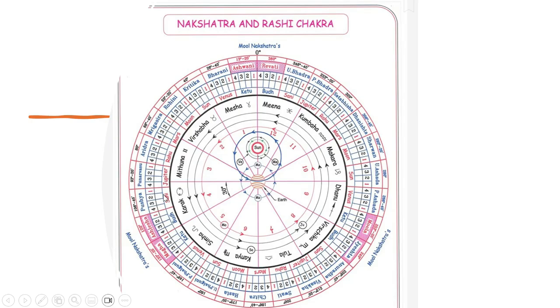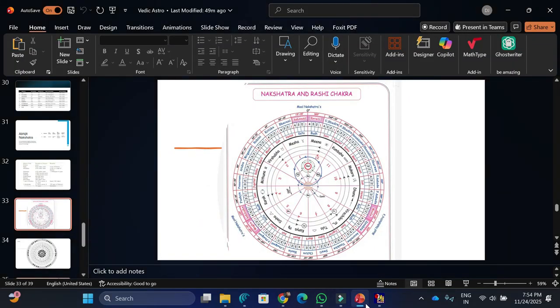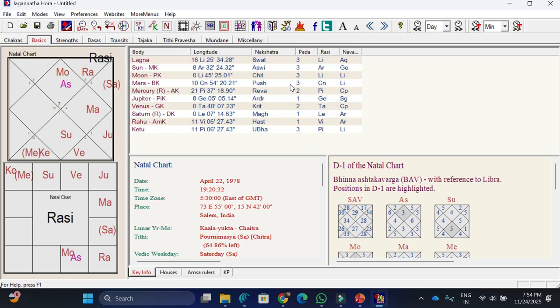Then the first pada of Pushya, the second pada of Pushya. These 3 padas it has crossed, and it has entered the fourth pada, because it is 100 degrees and some minutes. So it is some minutes into this third pada of Pushya. And this is what the software was also telling, right? Third pada of Pushya. Okay, it was 54 minutes, not 20 minutes. So it has entered 54 minutes into Pushya Nakshatra's third pada.